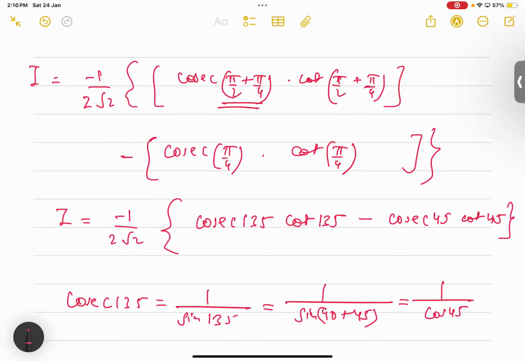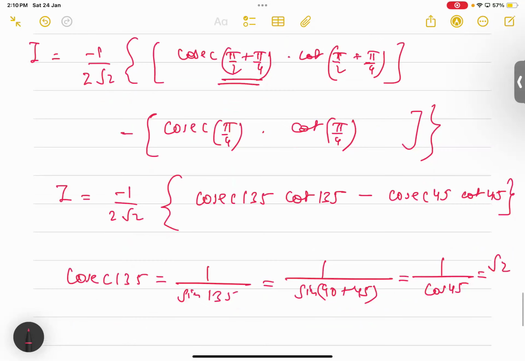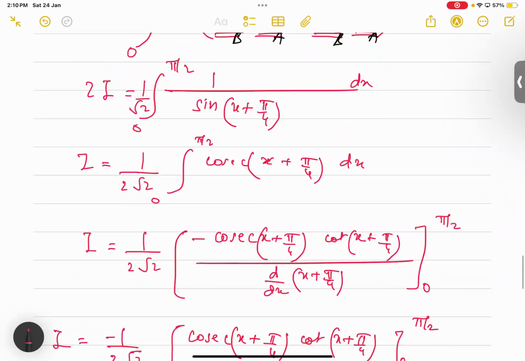Cos 45. Cross method. What is cos 45? Clear? Cot 135.